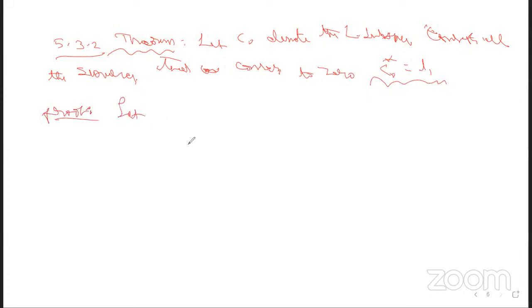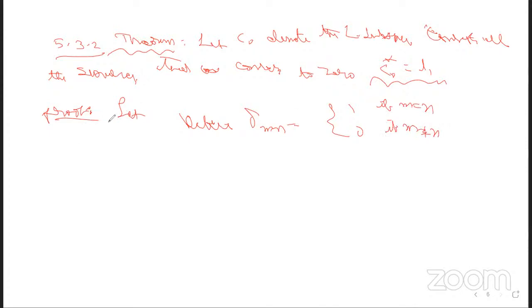Let us define delta m comma n that equal to 1 if m equal to n. Otherwise, if m is not equal to n, it is 0.